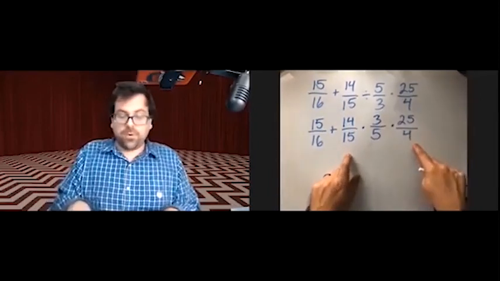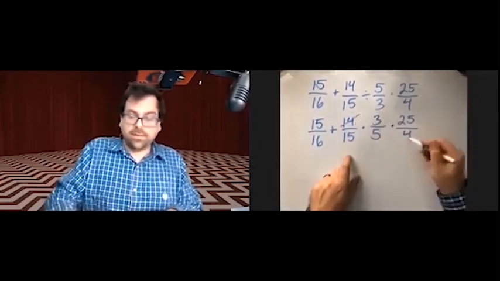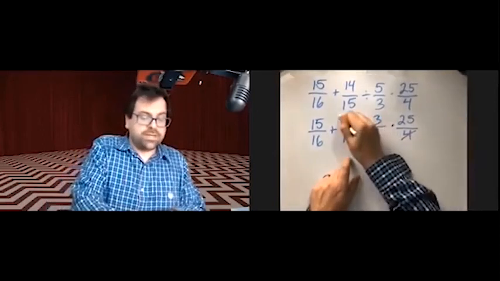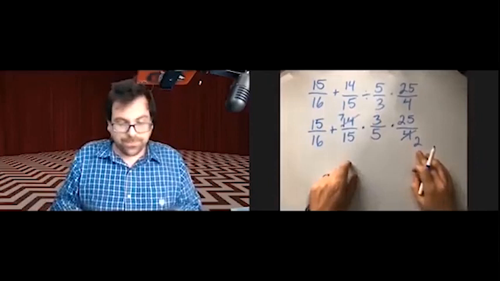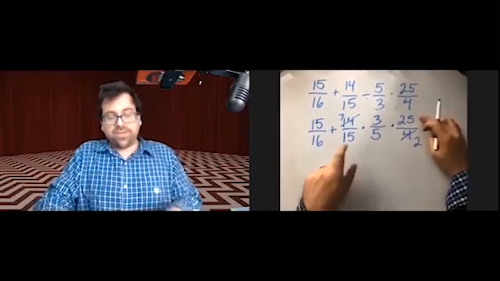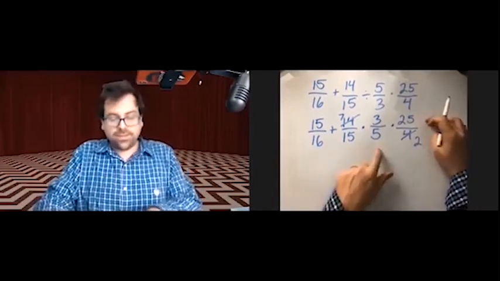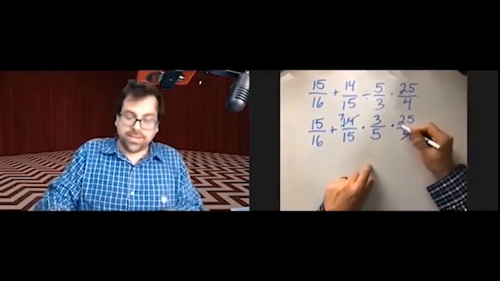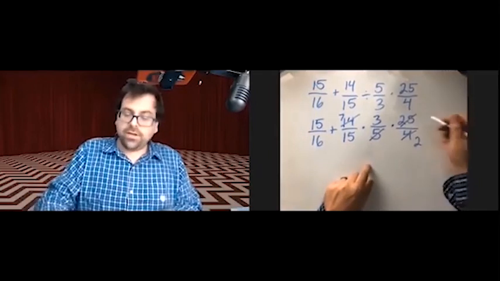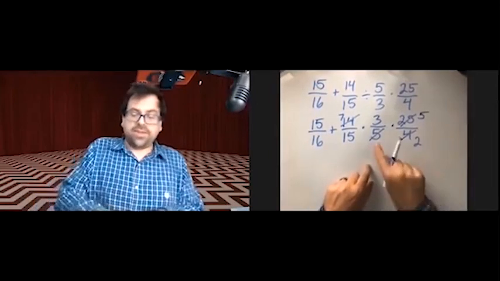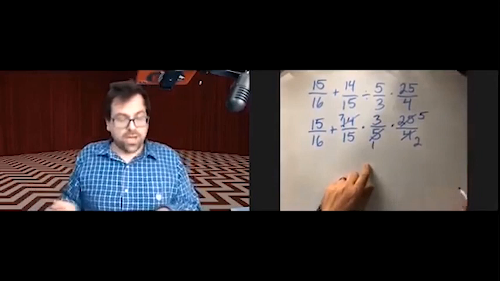14 and 4 can both be divided by 2. 14 divided by 2 is 7. 4 divided by 2 is 2. 25 can cancel with either of these. I'm just going to go ahead and say 25 and 5 can both be divided by 5. 25 divided by 5 is 5. 5 divided by 5 is 1.